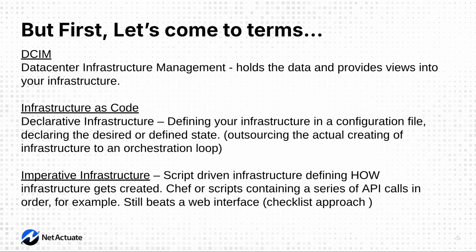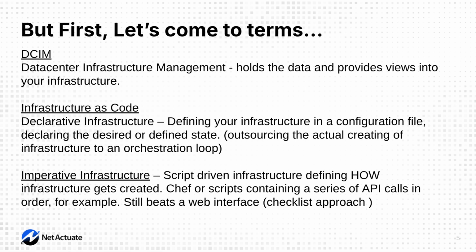I've already said DCIM several times, and ultimately, data center infrastructure tools just hold the data and provide different organizational views into your infrastructure. We're also going to be talking about infrastructure as code. I'll primarily live in the declarative state where we describe what we want and hand over that description to an orchestration tool which takes care of our key value pairs and builds what we want for us.